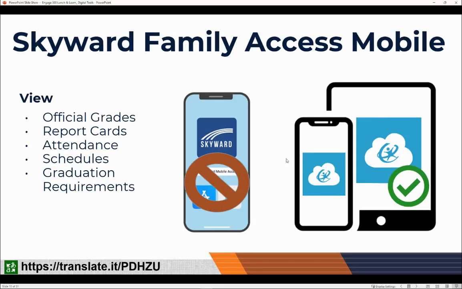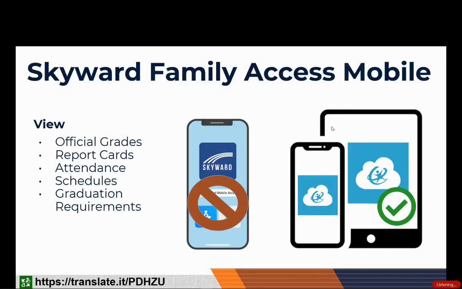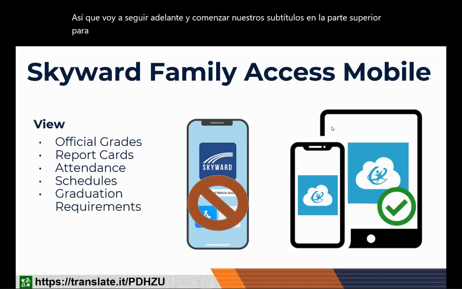If you're trying to access Skyward Family Access from your mobile device, you're going to need to use the ClassLink mobile app. You're not going to want to use the other app. Now, I do see that some of our families are requesting Spanish, so I'm going to go ahead and start our subtitles at the top for our Spanish-speaking families.